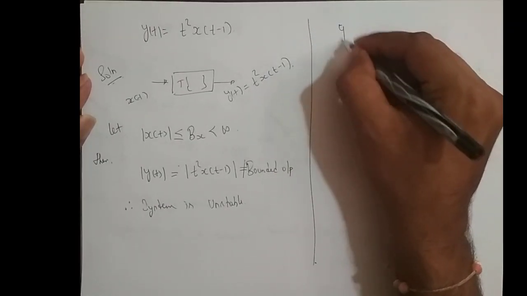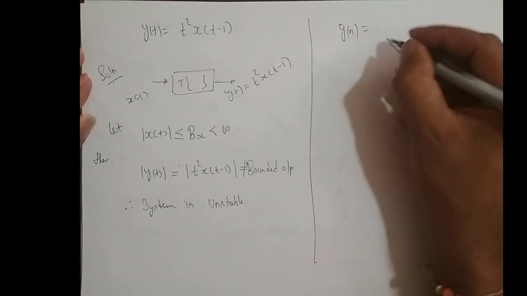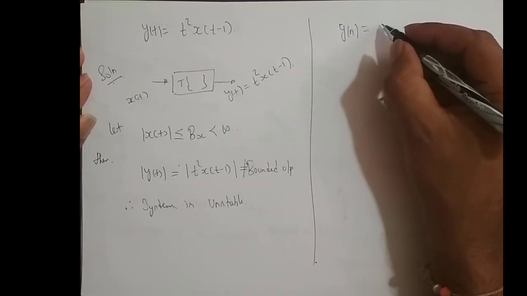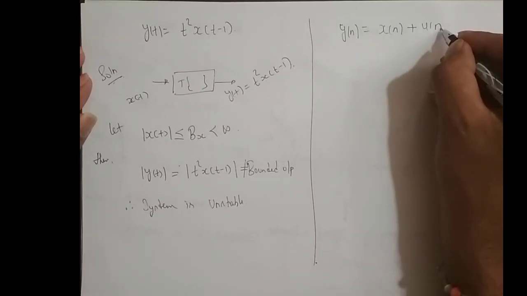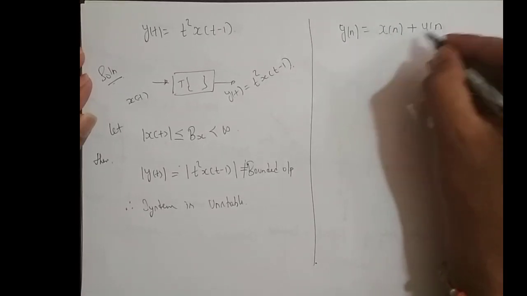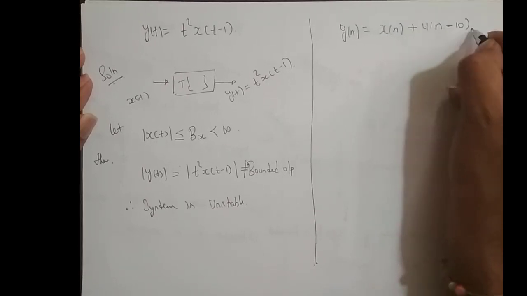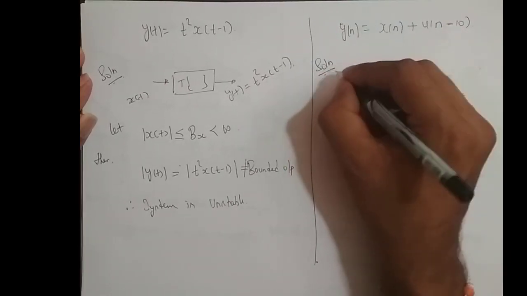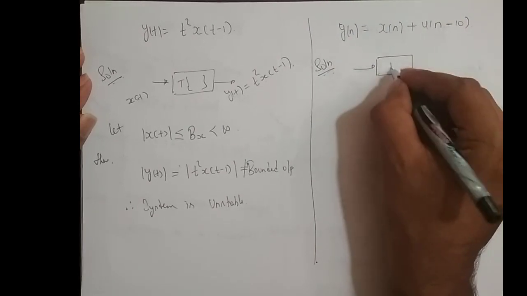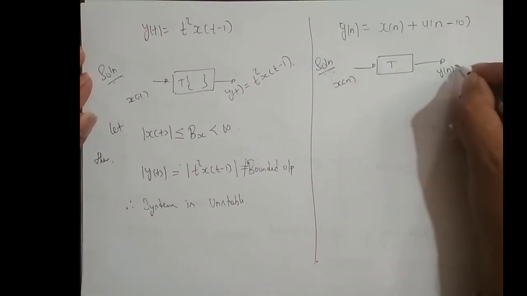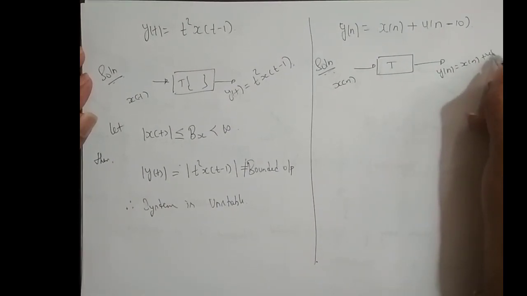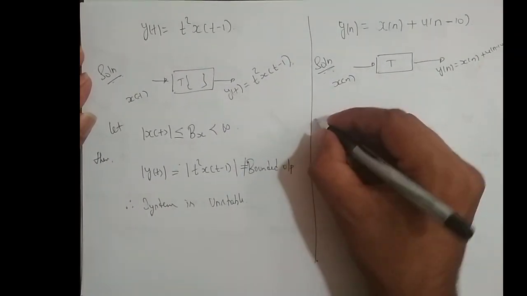Okay, I'll take one last problem. Y of n is equal to, say, x of n plus u of n minus 10. Okay. Solution. So I have a system T. Input I'm feeding is x of n, output is y of n, which is equal to x of n plus u of n minus 10, right?